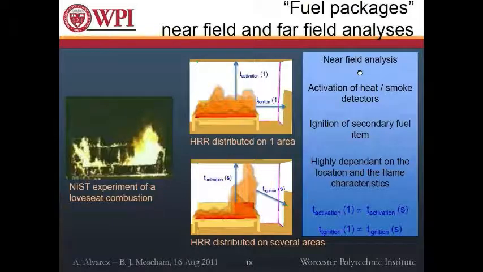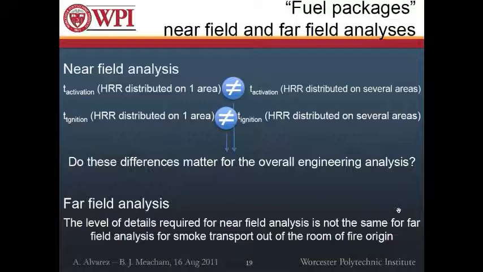And we looked at what influence it would have on the near-field analysis, looking at activation of heat and smoke detectors on the ceiling and ignition of secondary fuel items, because all these analyses are highly dependent on the location and the flame characteristics. So we looked at activation time when the heat release rate is distributed in one area and in several areas. So in the near-field analysis, we can have a difference.